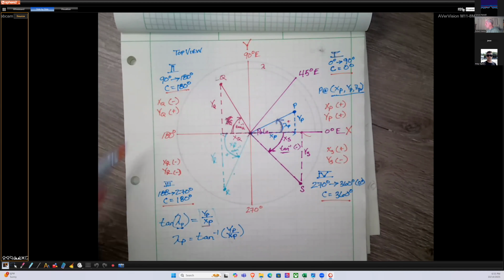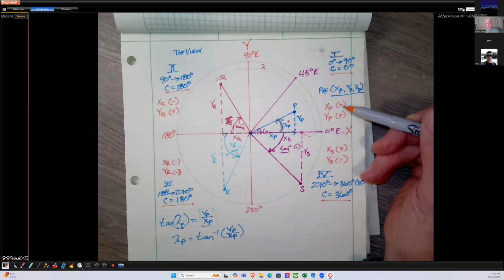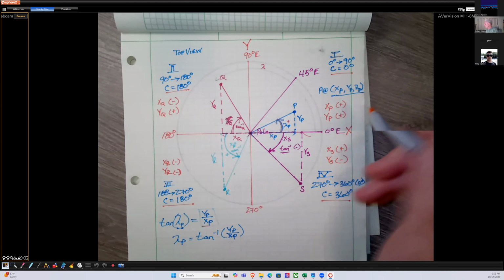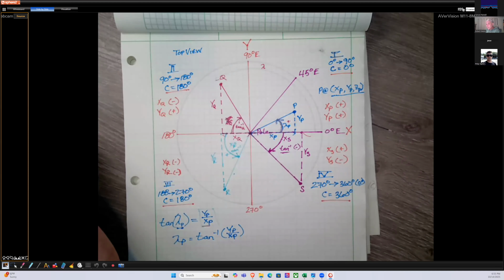C is positive 180 in both scenarios. So what we've done is we've taken these 4 rules and reduced them to 2 based on just the x value. If x is positive, add 360, and then mod out 360 if necessary. If x is negative, just add 180 and be done with it.